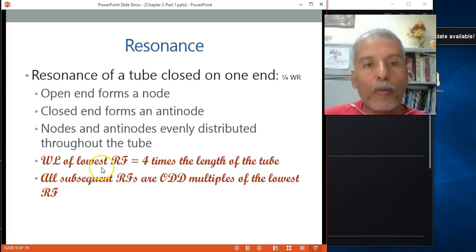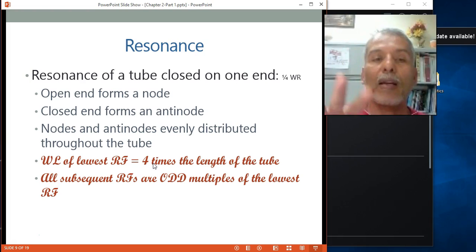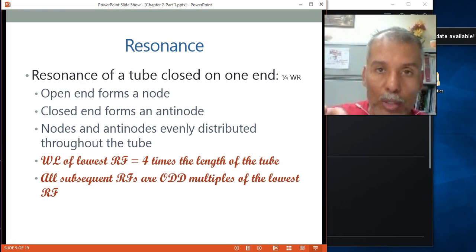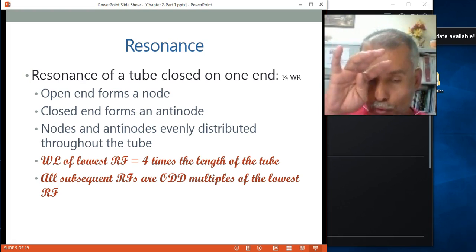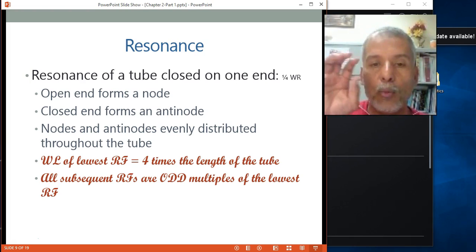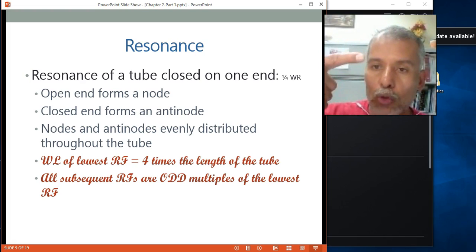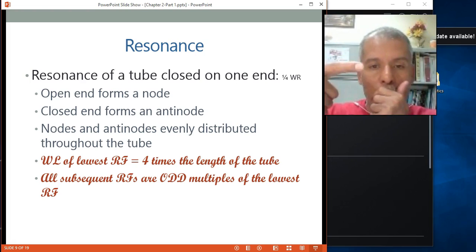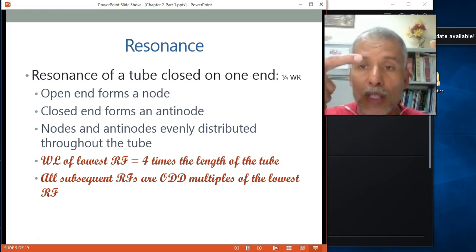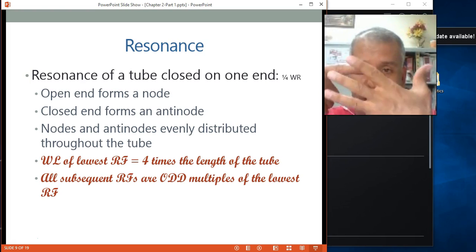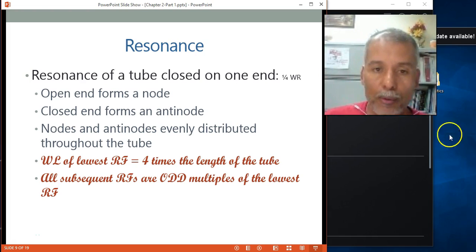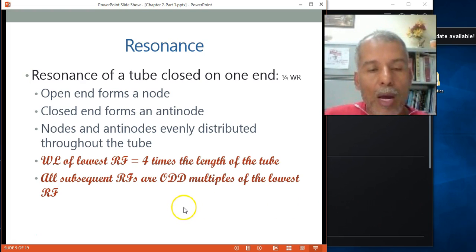So the wavelength of the lowest resonant frequency equals 4 times the length of the tube. That's another way to say that for the original first wave that you play, when the air echoes inside of the container, only 1/4 fits. So that means that the wave is 4 times greater than the length of that tube.